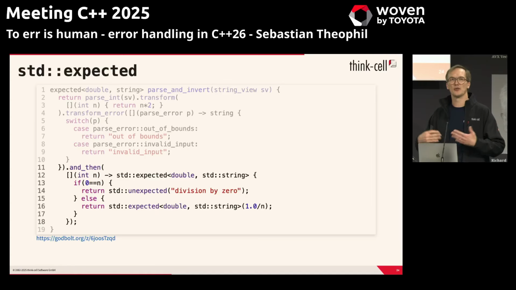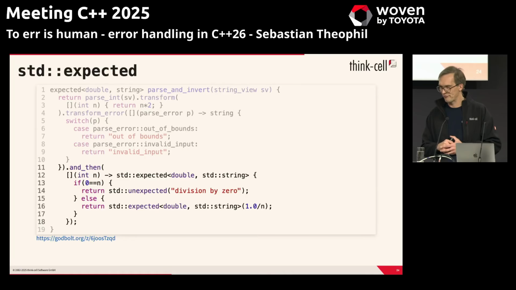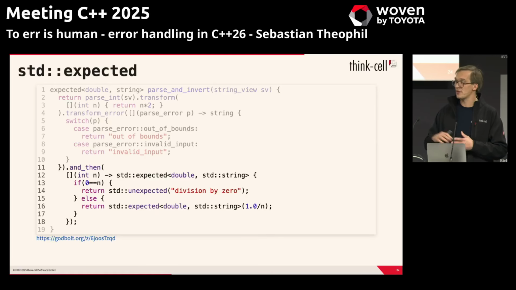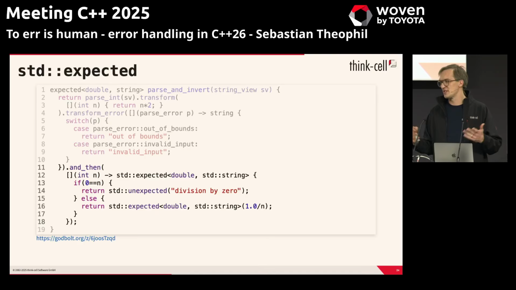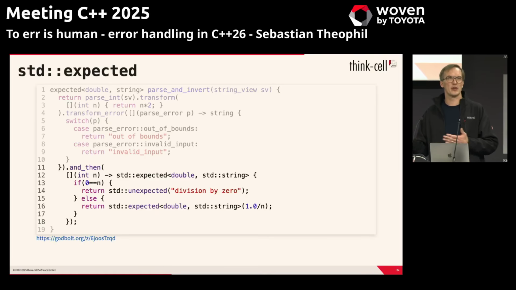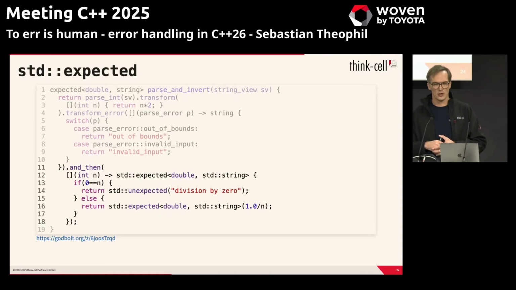That makes it much easier to think and reason about the program state, and it just makes it harder to make mistakes, which is what we're here for in this talk. And I think that std::expected is going to be the, let's say, standard way of handling errors in the future, because it is a very simple and powerful way that we didn't have before.